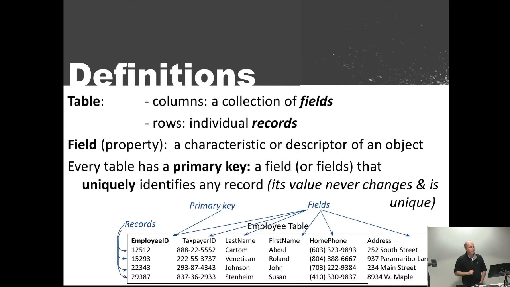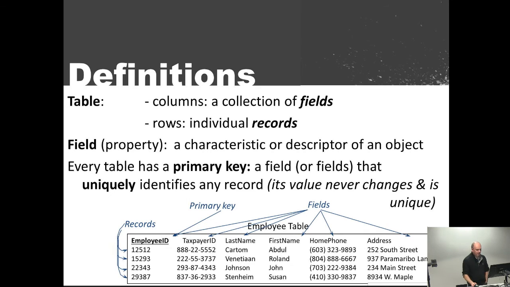So what is a table? Obviously, it has columns and rows. And the columns are called fields, and the rows are called records in the database jargon. So a field, which can also be seen as a property, gives you a specific characteristic or a descriptor of an object.